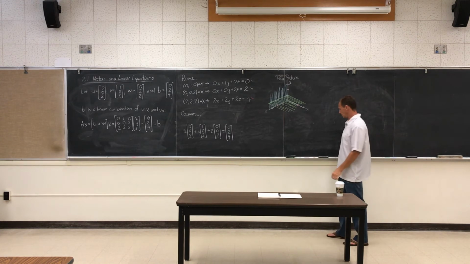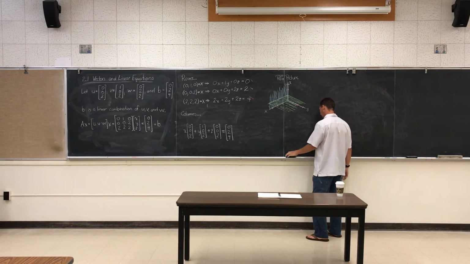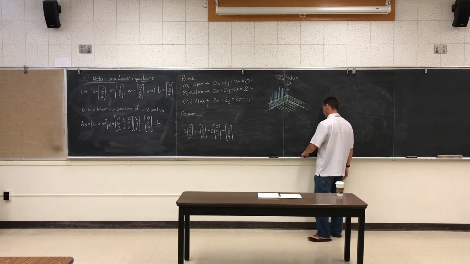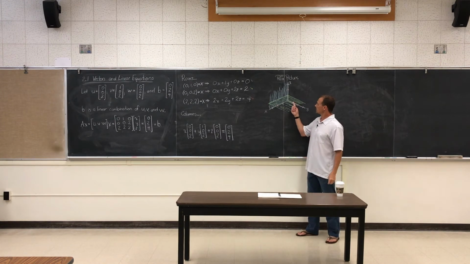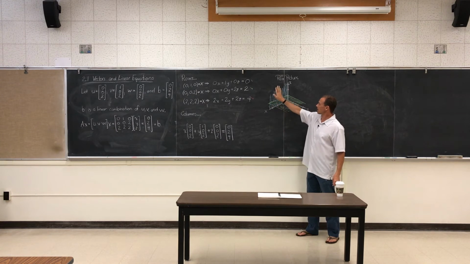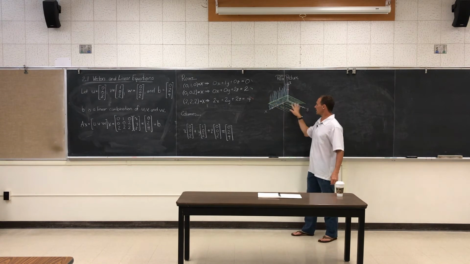Before I continue, let's look at what we have done. I'm going to use a different color to try to emphasize this. Notice that what we had here is we had the vertical plane, the xz plane in blue. And when we had a second equation here, we had a second plane.